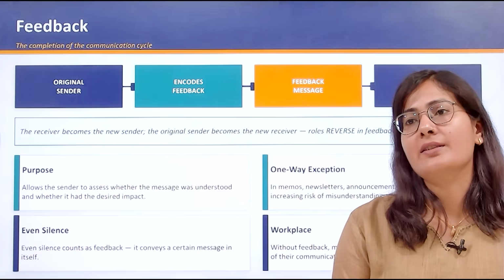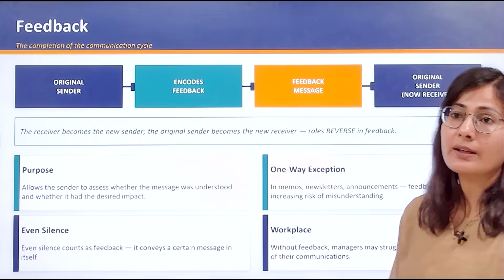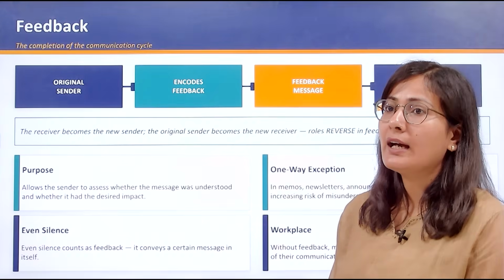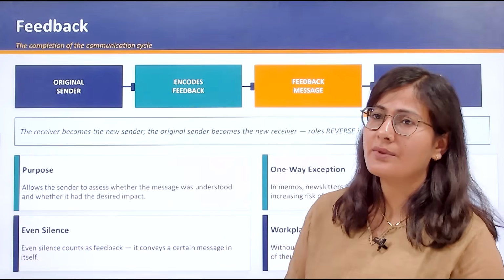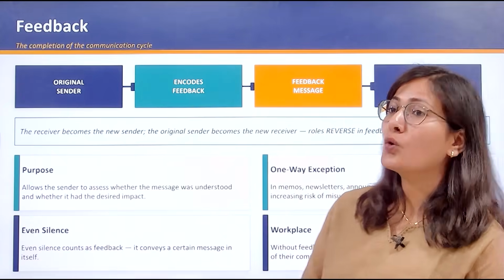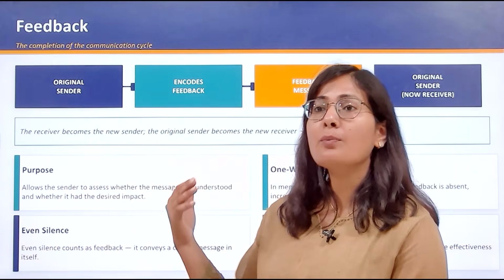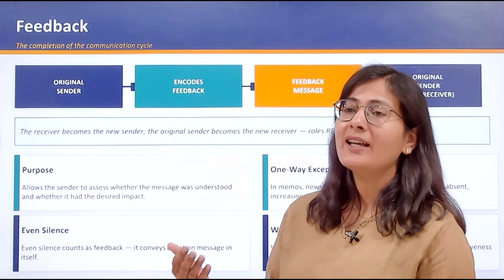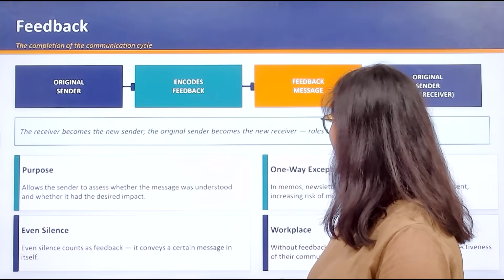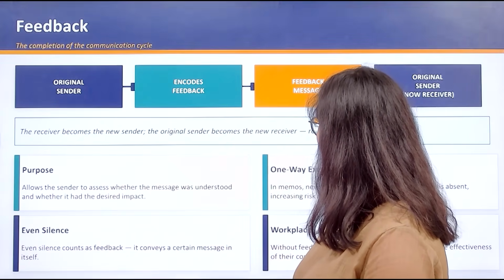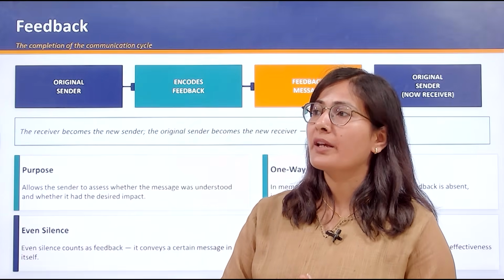Because it is a one-way process, in memos, newsletters, and of course announcements, feedback is sometimes absent, and it also increases the risk of misunderstanding. So when the process is one way, as in memos or newsletters, the communication remains a one-way process.